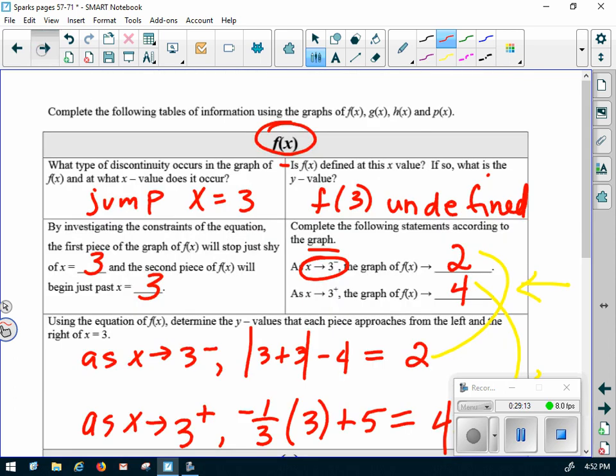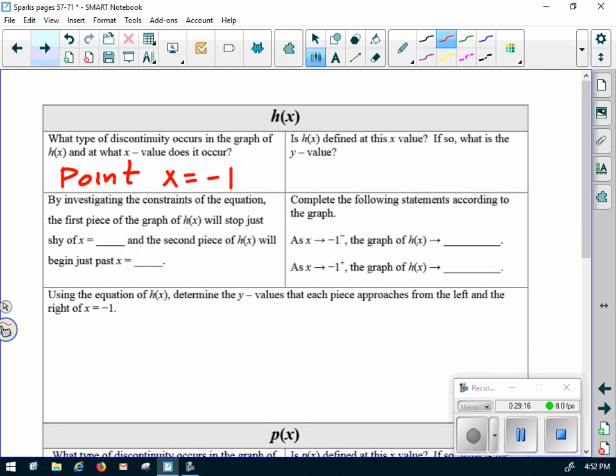I'm afraid I'm going to lose some of you, and I don't want to do that. We knew that the function was undefined. You can abbreviate that UND. We knew this was negative 1 and this was negative 1.